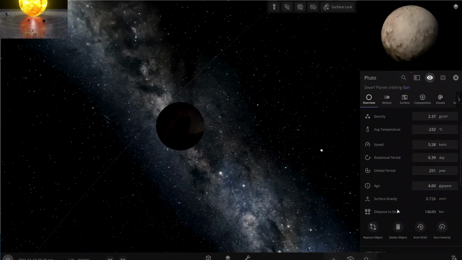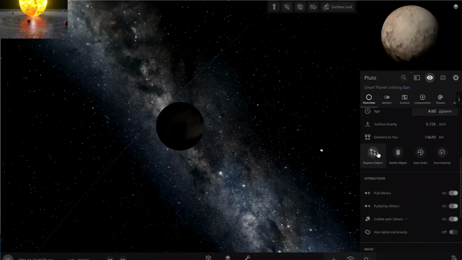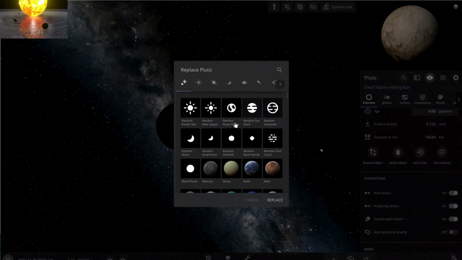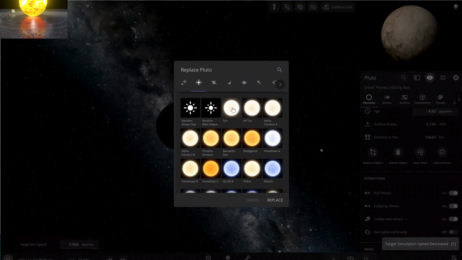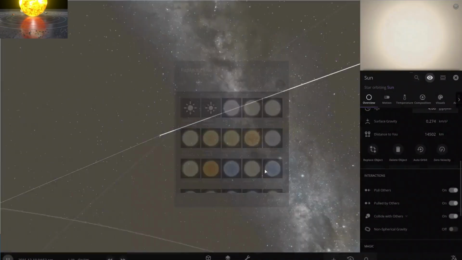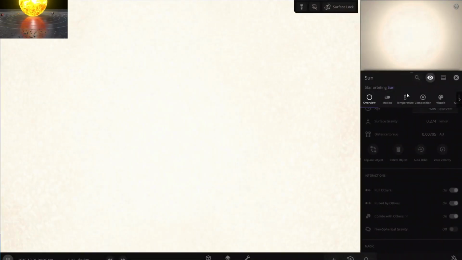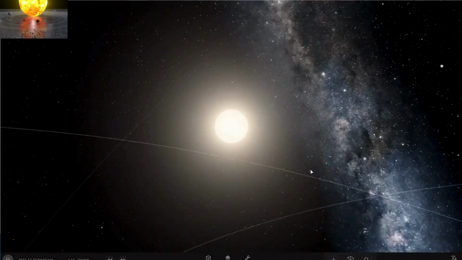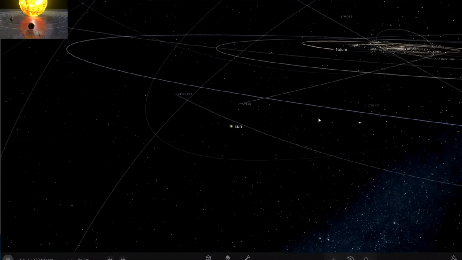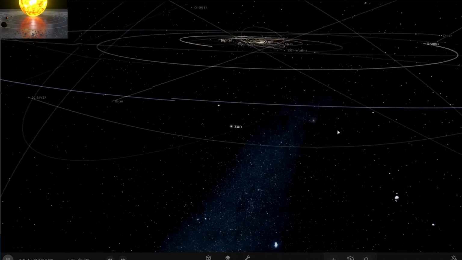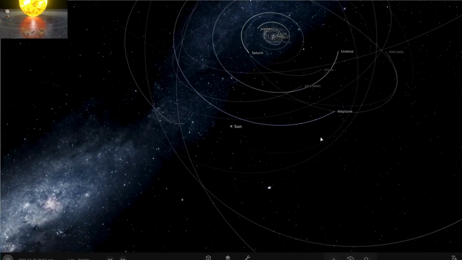But for now, I'm just trying to replace Pluto with the sun and see the effects on the whole solar system. So for now, I just replaced Pluto with a sun, and let's see what would happen in the whole solar system now.